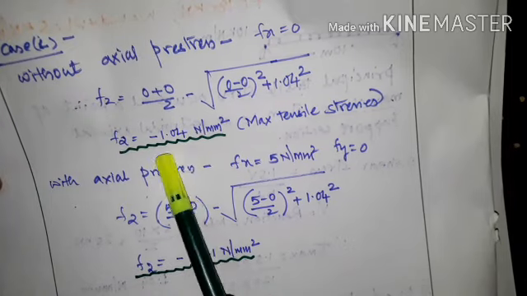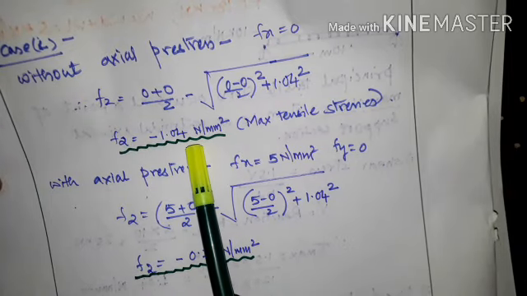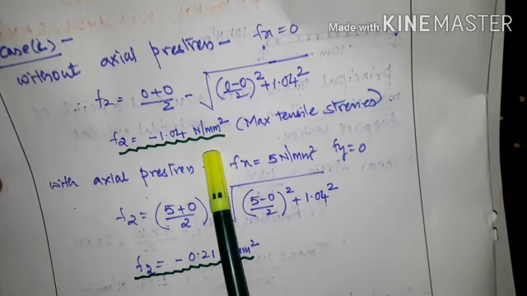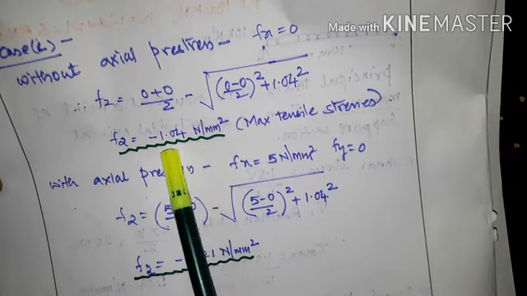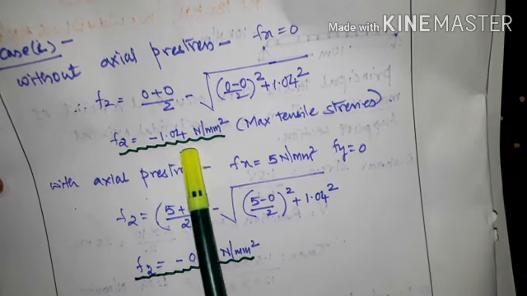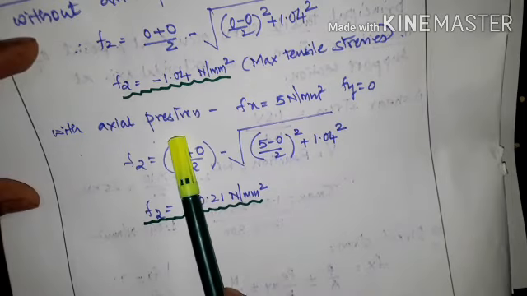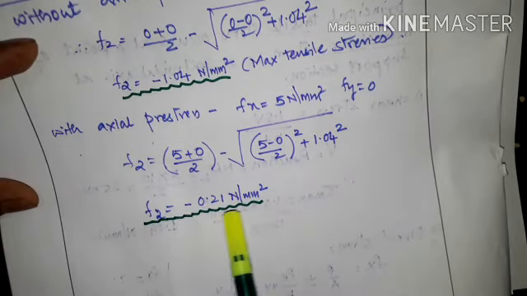Without axial pre-stress, the concrete has to bear 1.04 Newton per mm square, and with axial pre-stress the member has to bear 0.21 Newton per mm square.